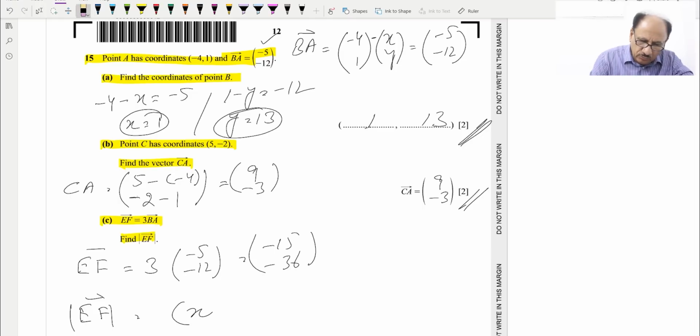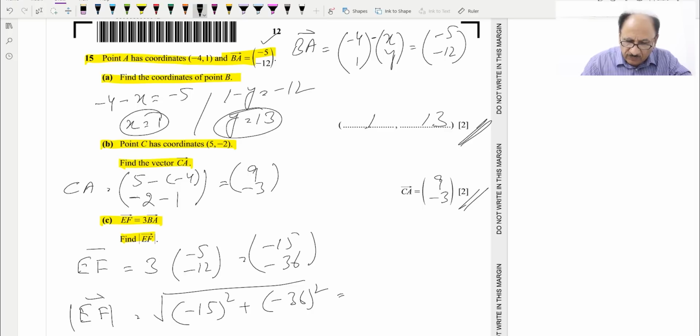x value square. So x value is -15 square plus -36 square, and we have to take the square root of this. So we take the positive value, because squaring changes the negative values into positive. So 15 multiplied by 15 will be 225, and 36 times 36 will be 1296.